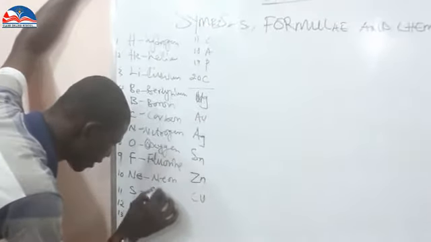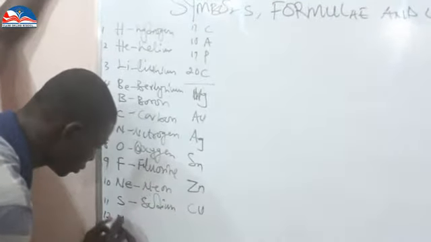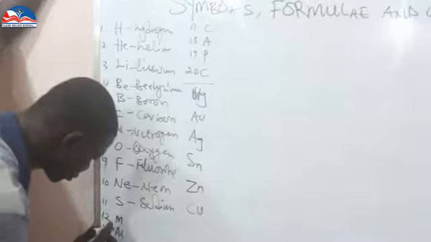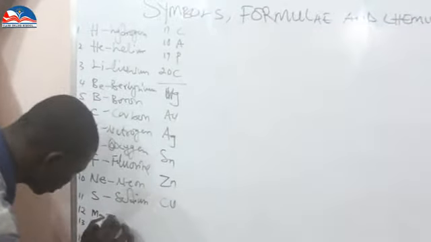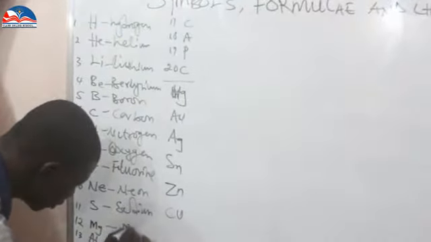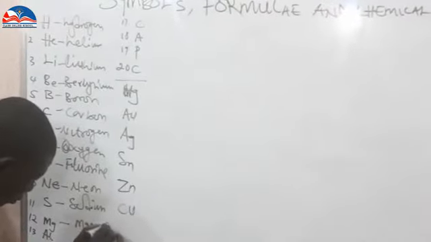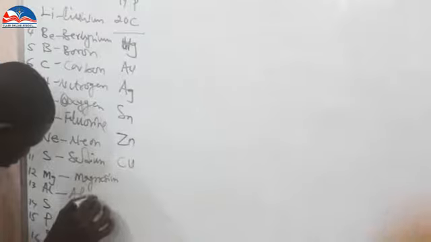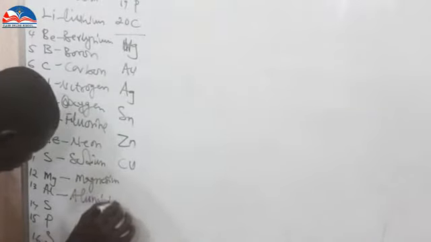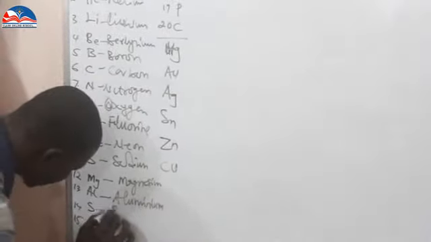Likewise, we have this one as sodium. Mg is known as what? Magnesium. Al is known as aluminium. Then we have Si as silicon.